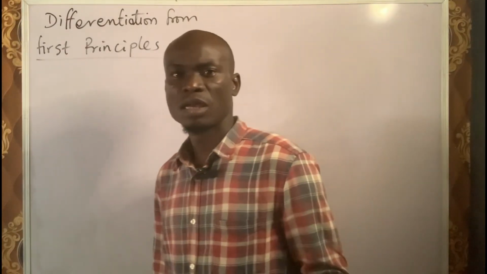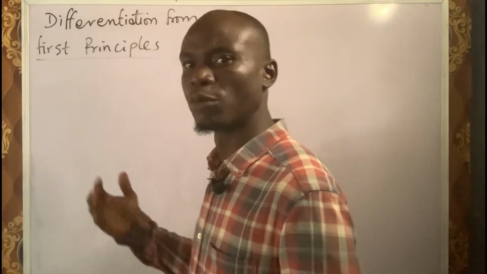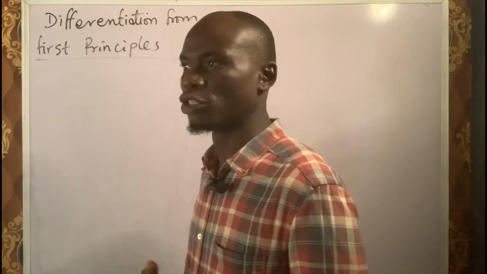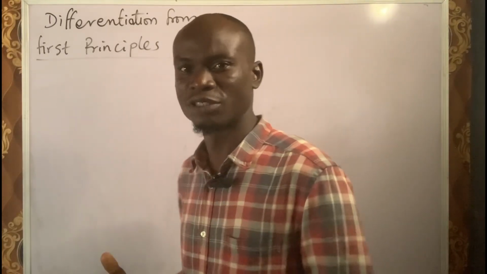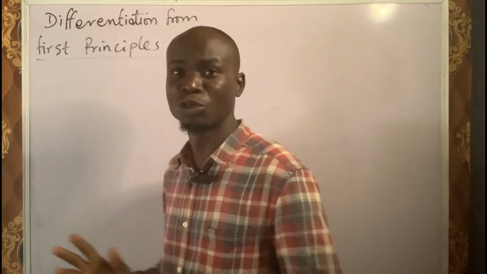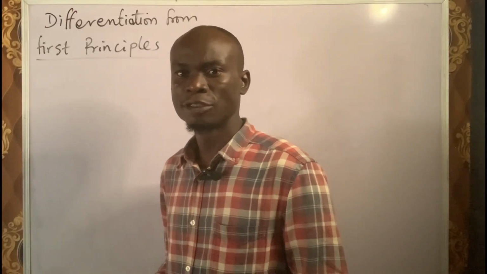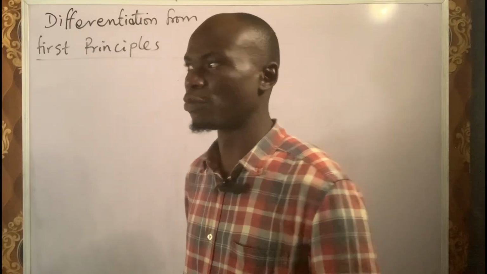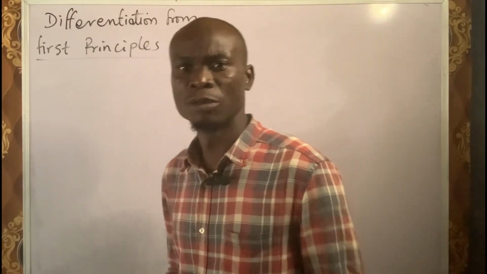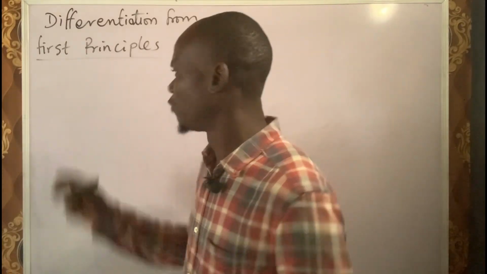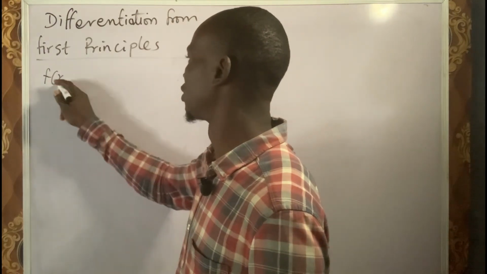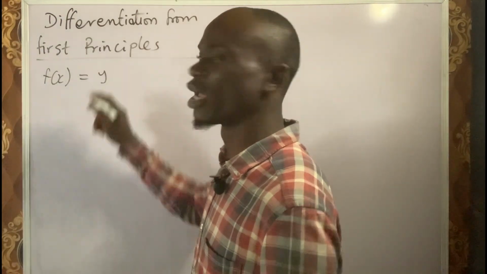Okay, in breaking down the formula into steps, you discover that it starts from the question that was given, which says f of x equals whatever function. These steps are normally used in solving problems on first principle if the question has been given as f of x, which is the same thing as y.